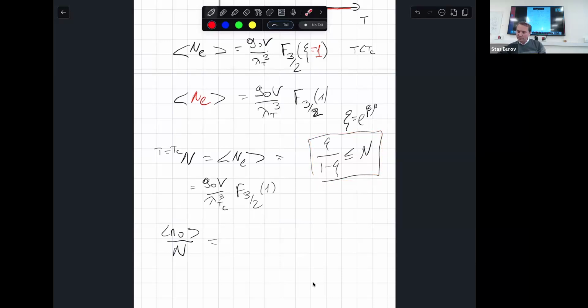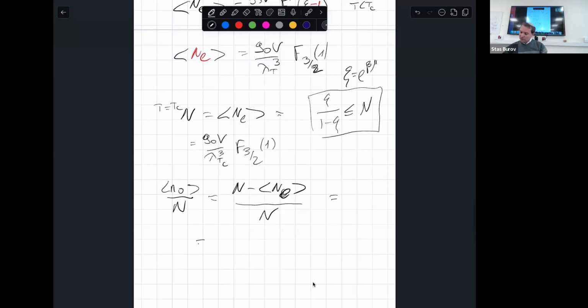But I know the following thing. I write down the numerator in the following term: it is simply N minus N excited, divided by the total number of particles. This is all for T below TC.